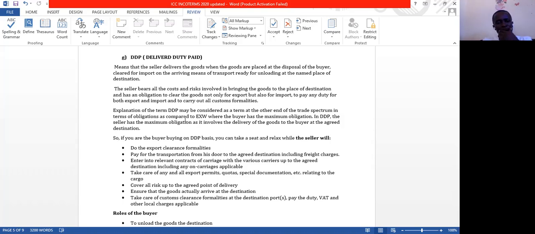So if you are the buyer buying on a DDP basis, you can take a seat and relax while the seller does all the export clearance, pays the transportation from his door to the agreed destination, enters into the relevant contract, takes care of any other export permits, covers all the risk, ensures the goods actually arrive at the destination, and takes care of customs clearance formalities. But remember, if you are contracting under DDP as the buyer, you will pay heavily.